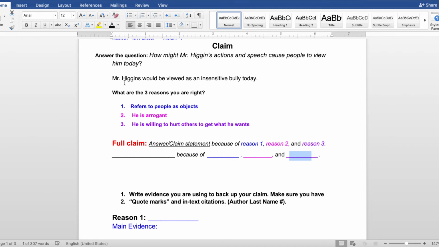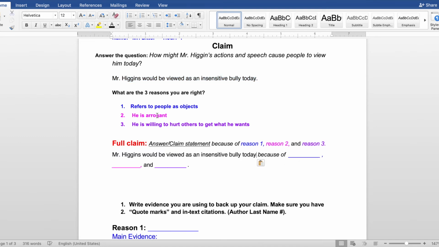So that's what I'm going to do right now. I'm just going to take this right here, I'm just going to copy it, and I'm just going to put it right in here. Okay, and then because of, well, reason 1, I've got that blue, I'll do that one. I'm just going to paste that right in there too. Look at that. And then I've got reason 2, he's arrogant. I'm going to just paste that in there too, just because it goes right there. And then this one right here.